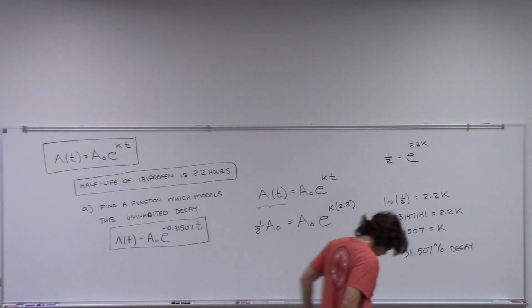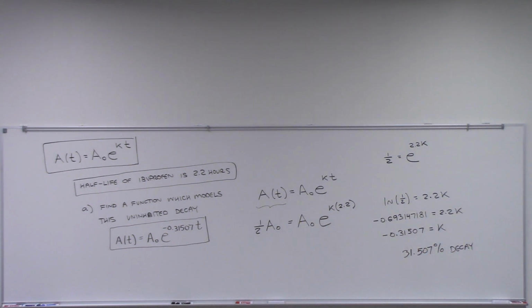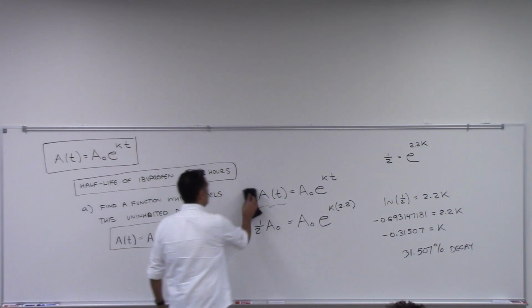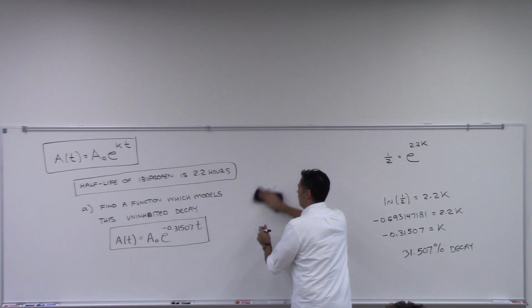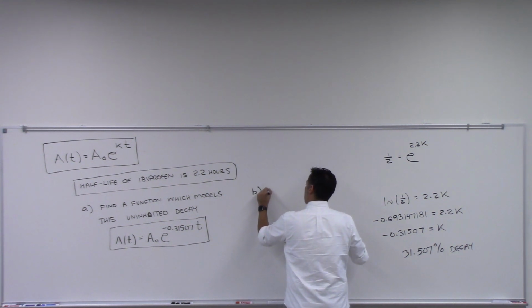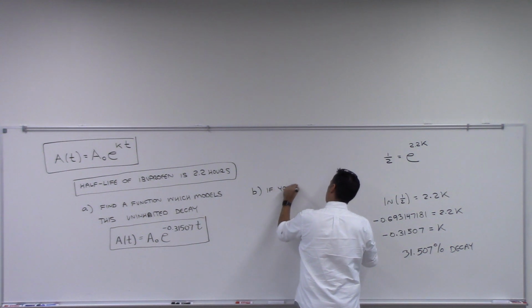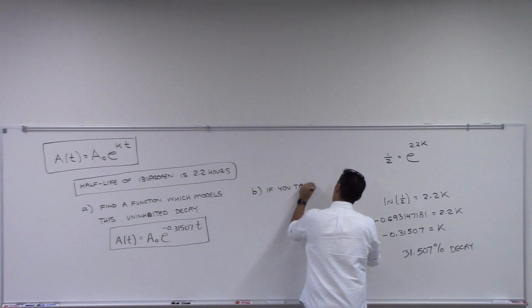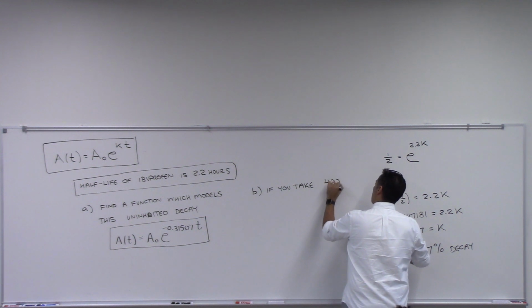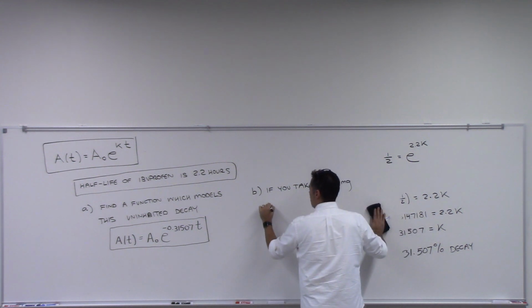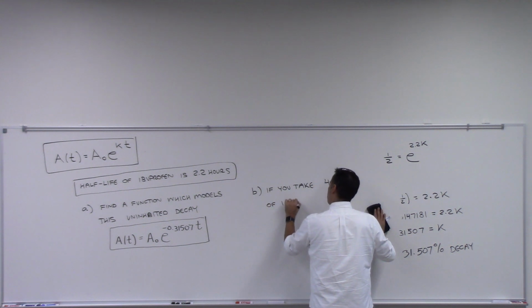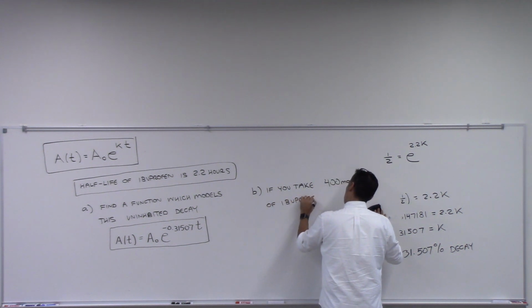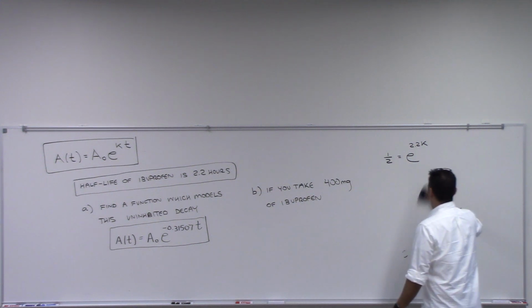And now I'm going to ask you some other questions. Let's go ahead and take some ibuprofen now and figure out how long it's going to take for a certain amount to decay away. So part B. If you take, let's go with 400 milligrams of ibuprofen, I think I'm spelling ibuprofen right.